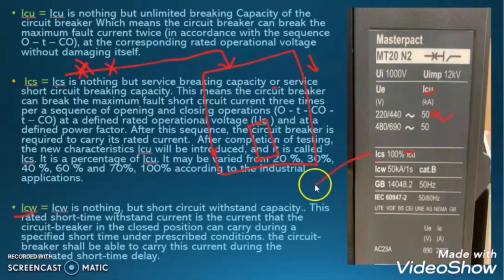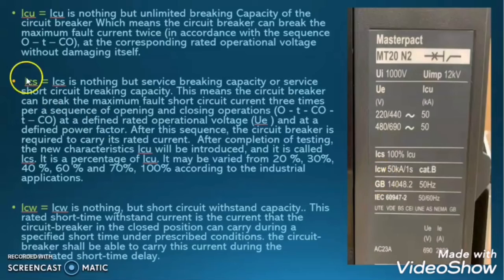It means after conducting that sequence 3 times, the ICS rating is the same as the ICU rating. That is why the ICS rating is given as 100% of ICU, or as a percentage of ICU.